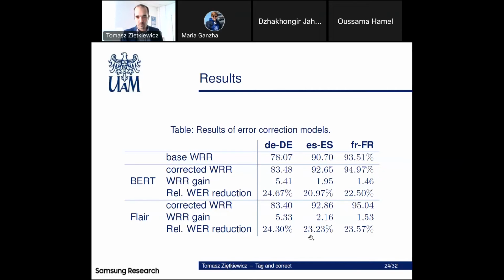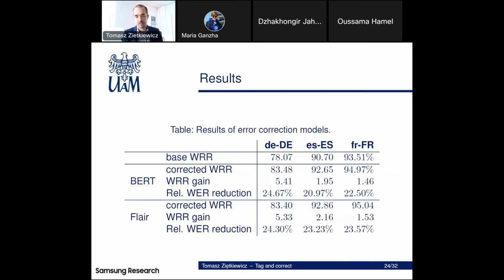Okay. So what we can see here is that there's not much difference between these two models in terms of the results. Well, Flair is slightly better for Spanish and for French, which were more difficult because there were fewer errors to correct. And if we compare this relative word error rate reduction with other research, it's on par with them.